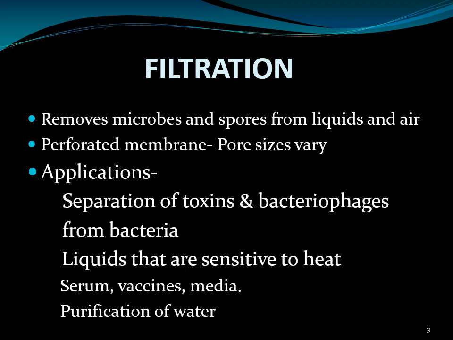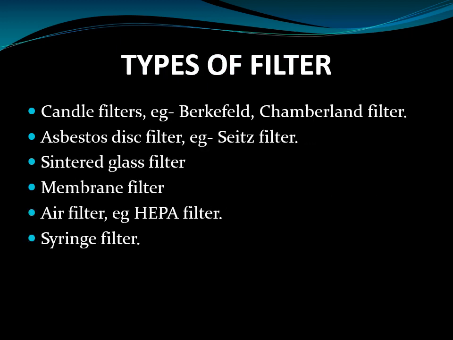Now what are the applications of these filters? They are used when we are separating toxins and bacteriophages from bacteria. It is useful for sterilizing liquids which are sensitive to heat, like serum, vaccine, media, and for purification of water. Types of filter: candle filter, which we use for water purification; then asbestos disc filter, example is SEITZ filter; sintered glass filter; membrane filter.